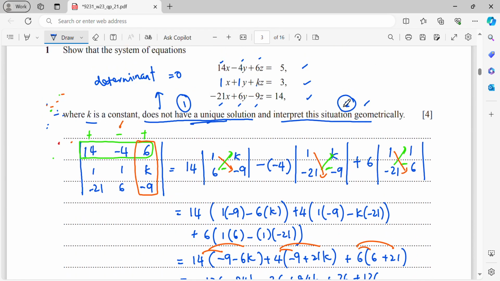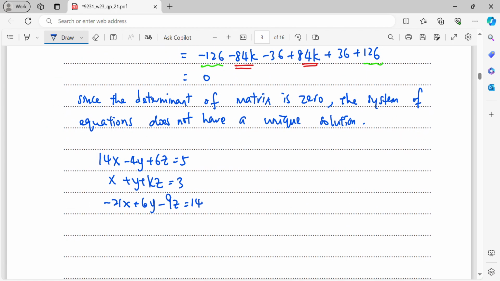From here, the first equation I will divide by 2, because I realize that the left hand side can be divided by 2. So I get 7x minus 2y plus 3z equals 2.5. That's my first equation. My second equation I will just leave as it is. For my third equation, I have minus 21, 6, and minus 9, and all of these are multiples of 3.